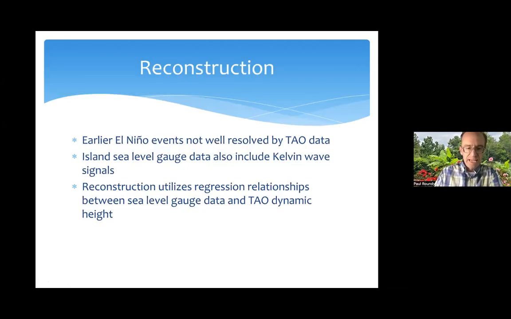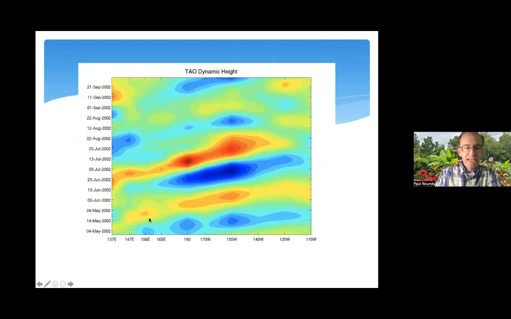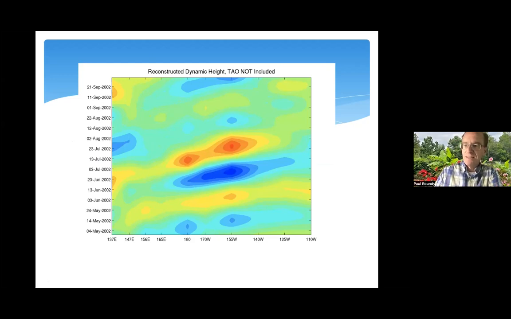I created artificial missing data to show how my algorithm would recreate the wave state during the 2002 El Nino period. This is the original data, and this is the reconstruction. A little weaker, I know, but the same phasing, it's virtually identical.